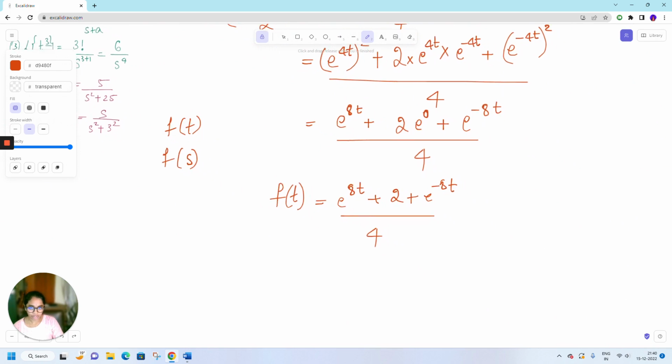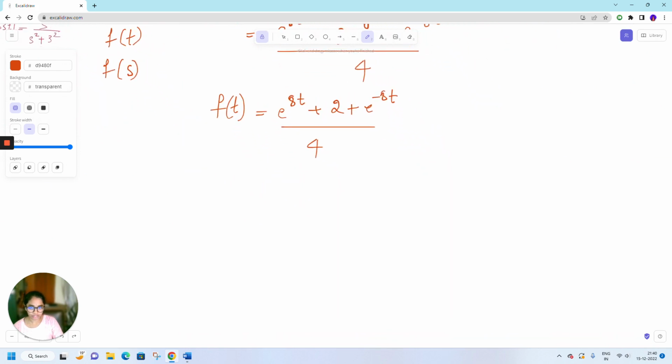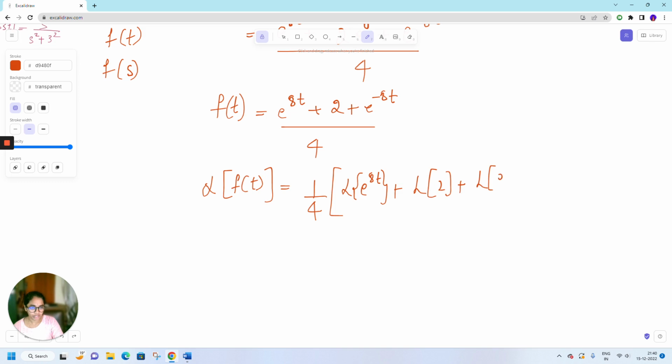Now let me apply Laplace to f of t. What would Laplace of f of t be? Laplace of f of t is equal to 1 by 4, which is a constant, so let me take that out. I can give Laplace to each term, right? So that would be Laplace of e power 8t plus Laplace of 2 plus Laplace of e power minus 8t.